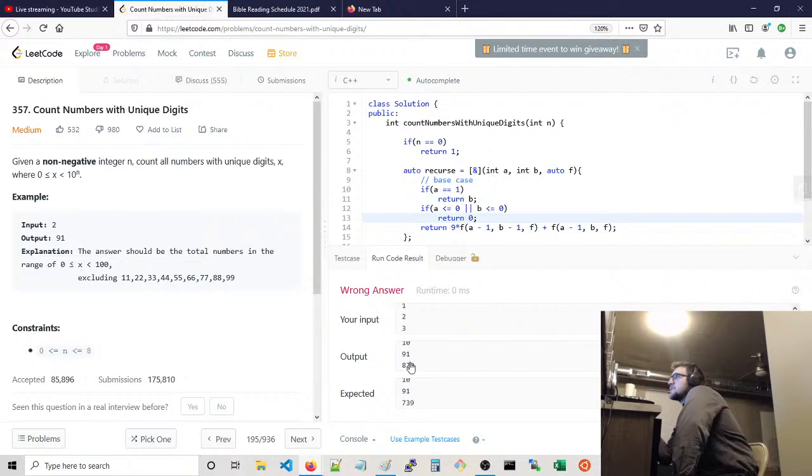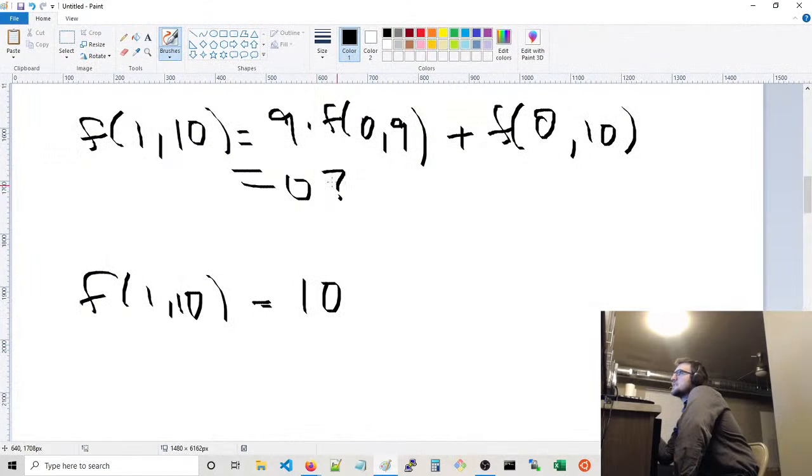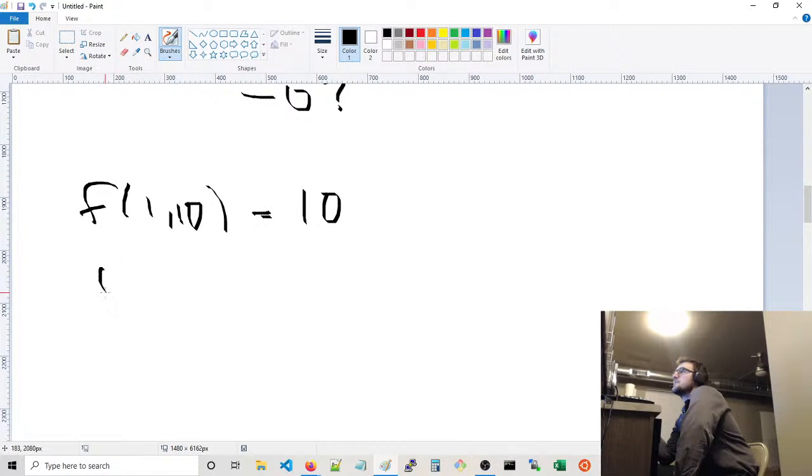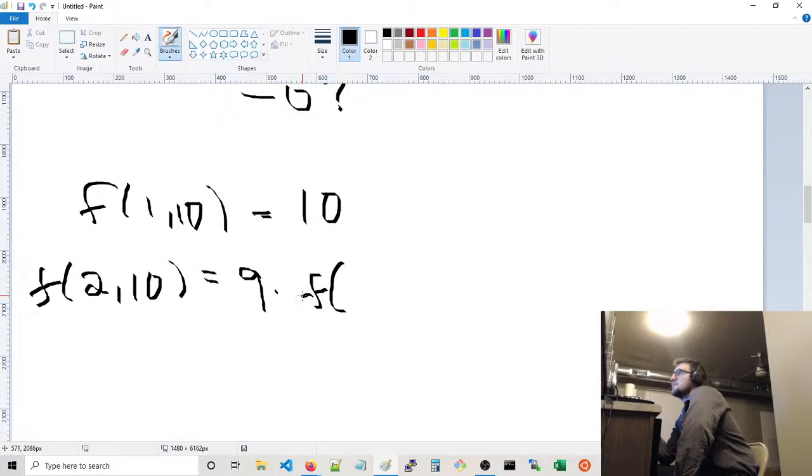What are we supposed to get for 820? For 3? So if we do f of 2 and 10, that'll give you 9 times f of 1 and 10, and 9 rather.